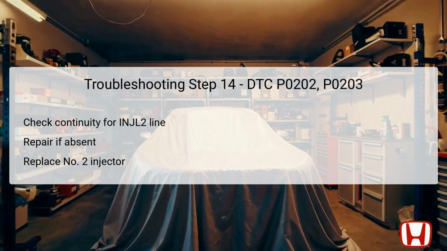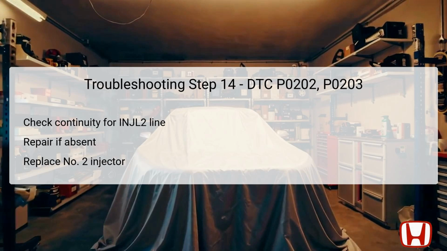While maintaining the vehicle in the off-lock mode, ensure that connectors A and E of the PCM remain disconnected alongside the number 2 injector. You will then check for continuity between test point 1, located at the number 2 injector connector, female terminal number 2, and test point 2, at terminal number 17 of PCM connector E. If continuity is confirmed, then the INJL2 wire is functioning properly.